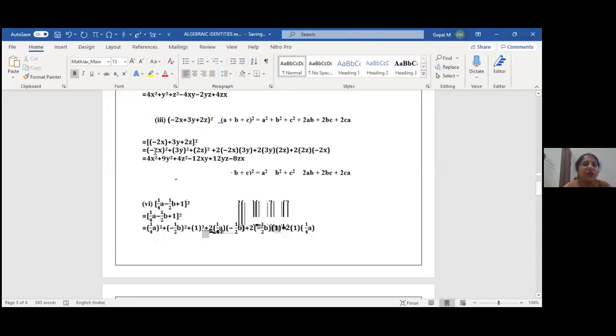So here, minus 2x whole square. Minus 2 is a negative value. Just now I said, negative number to the power even means your power will be positive. So minus 2 into minus 2 is plus 4 and x square. 4x square. Then 3 square is 9 and then y square. Then again 2 square is 4 and z whole square is z square.